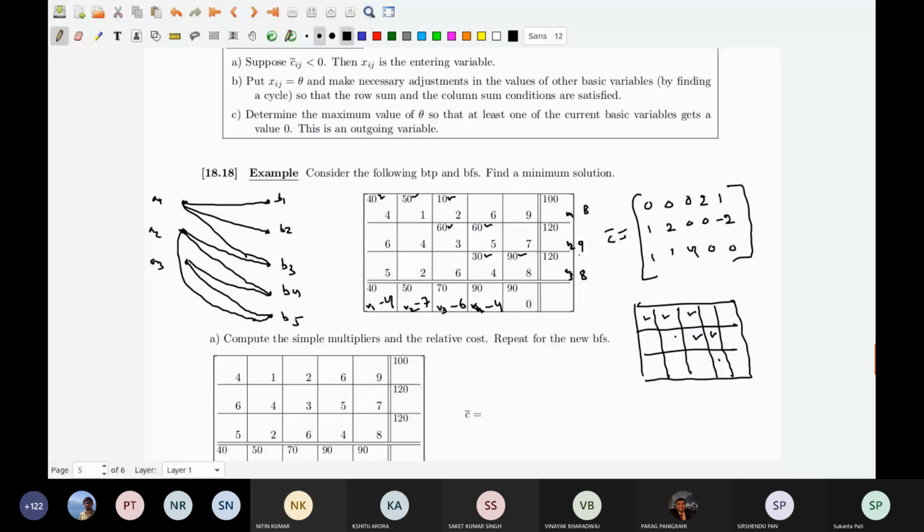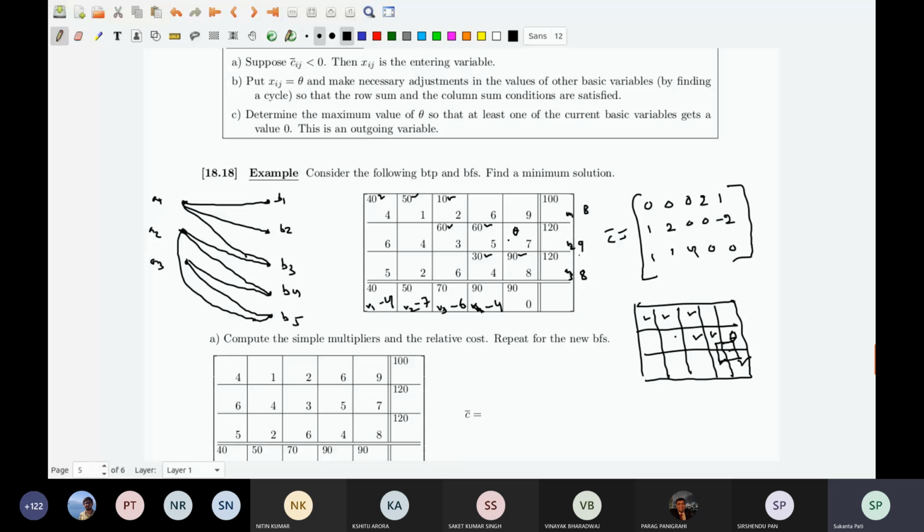Okay. So this is where you are trying to add theta. Now, because this is the theta, here is the cycle that is being formed. Okay, the cycle is being formed over here. You are trying to add theta and it is being formed over here.